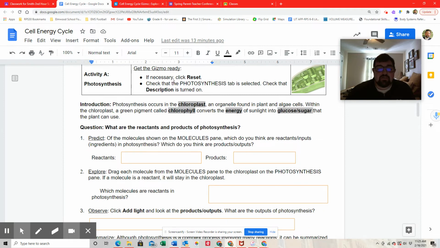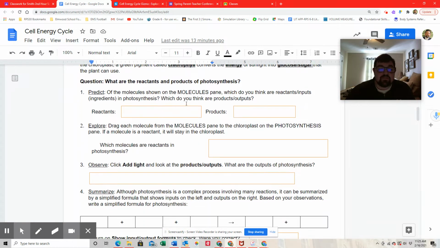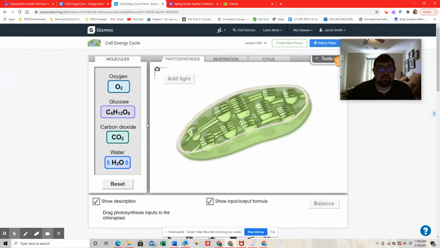Activity A is going to focus on photosynthesis, and so we clicked reset just to make sure that it's set up right. First thing we're going to do is predict, so we're going to say, of the molecules shown in the molecules pane, what do you think are the reactants? What do you think are the products? And so that means out of this list, which are the reactants and which are the products?